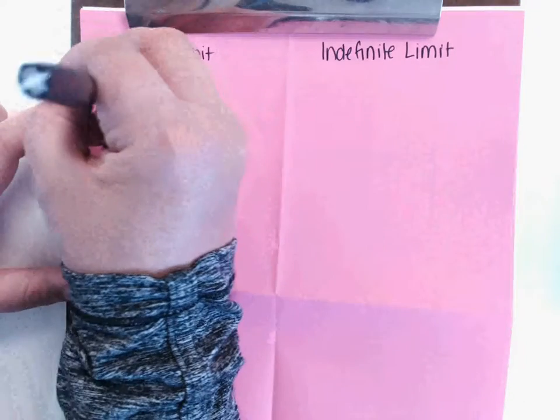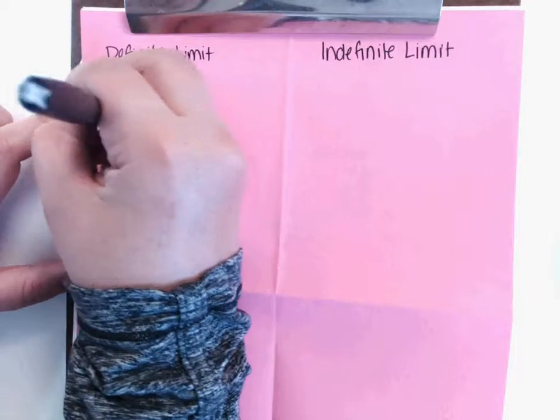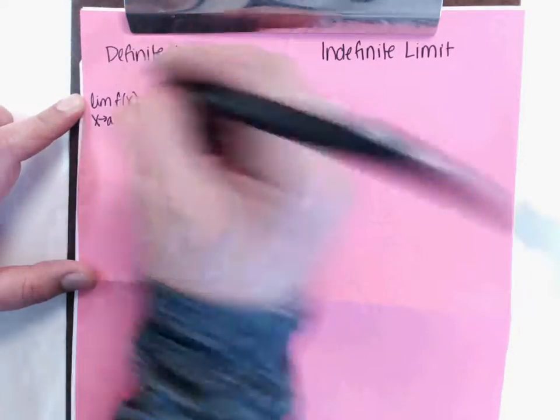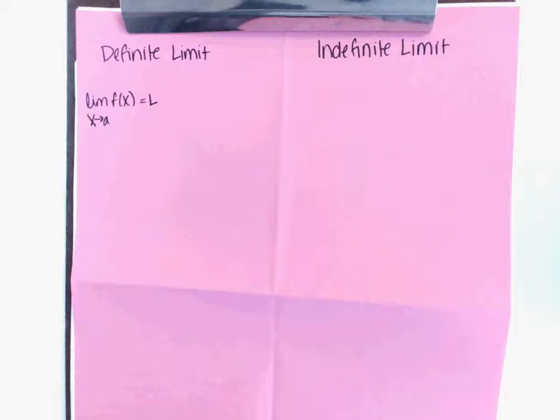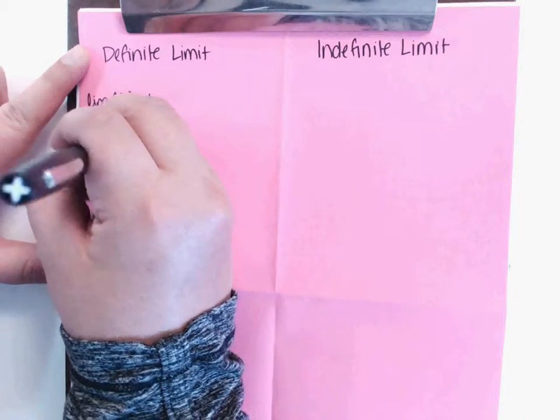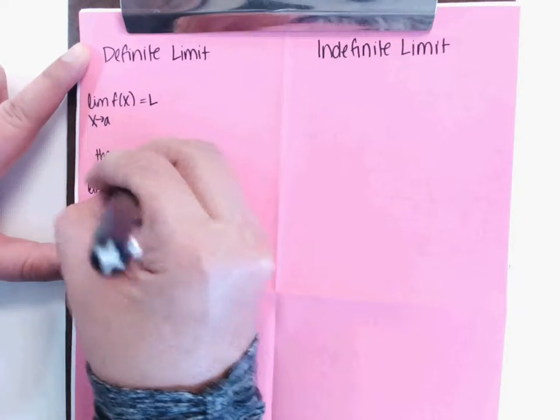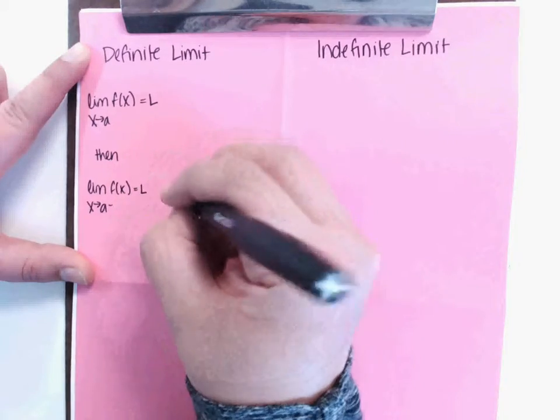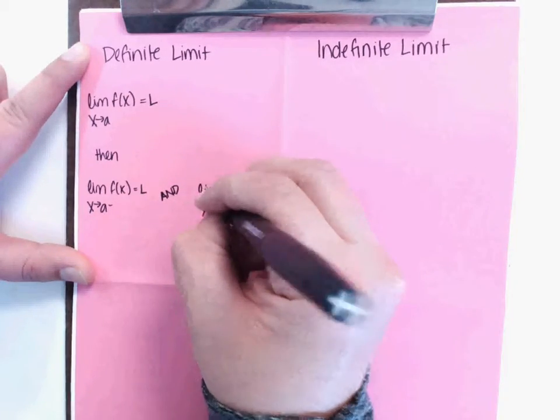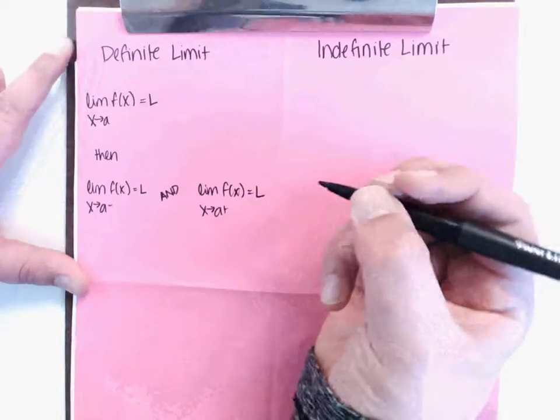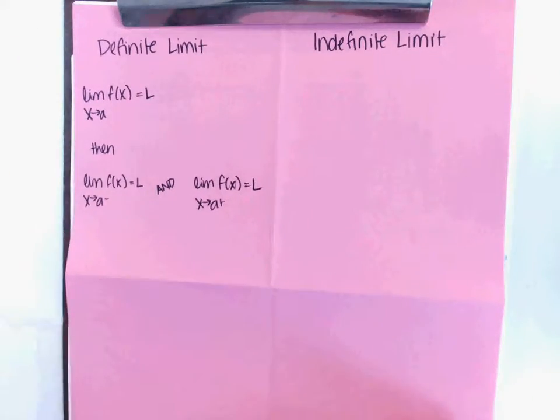Okay? So if I have the limit as x approaches a of f of x equal to L, that means that both the left limit and the right limit had to both be equal to L. So the limit as x approaches a from the left is L, and the limit as x approaches a from the right is L. So if my limit approaching a exists, the left and the right side both had to equal that same value.